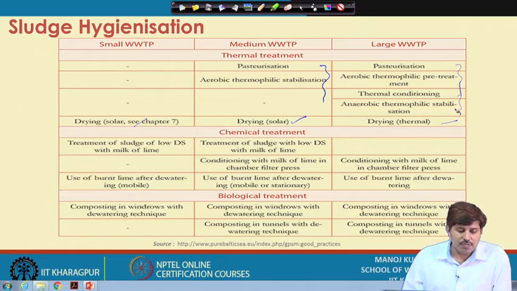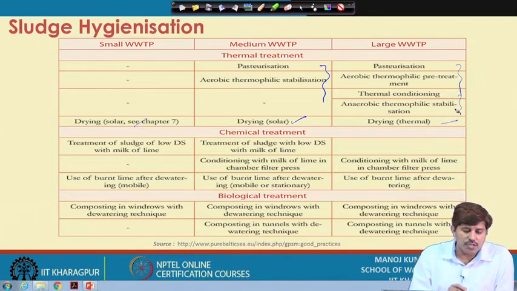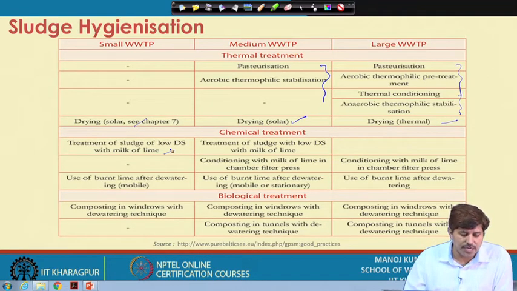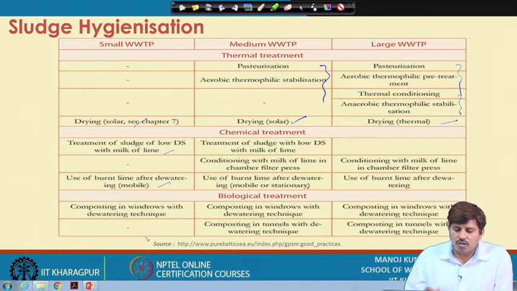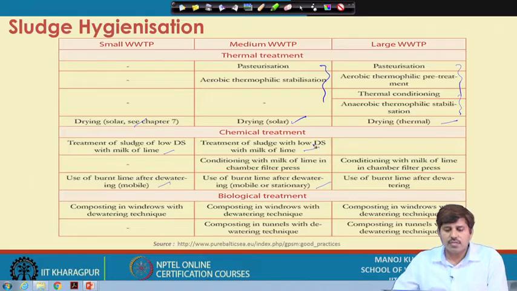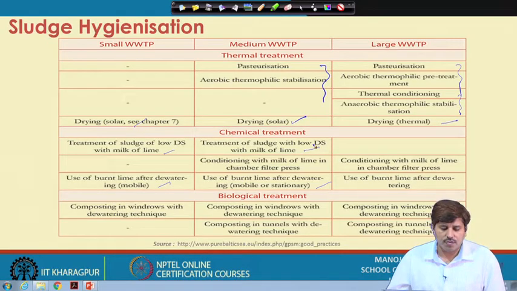For the chemical treatment perspective, in the smaller plants we go for the treatment of sludge with low dry solids with the addition of lime, or we can use burned lime after the dewatering. Here also we can use burned lime, or treat sludge with low dry solids with lime solutions.